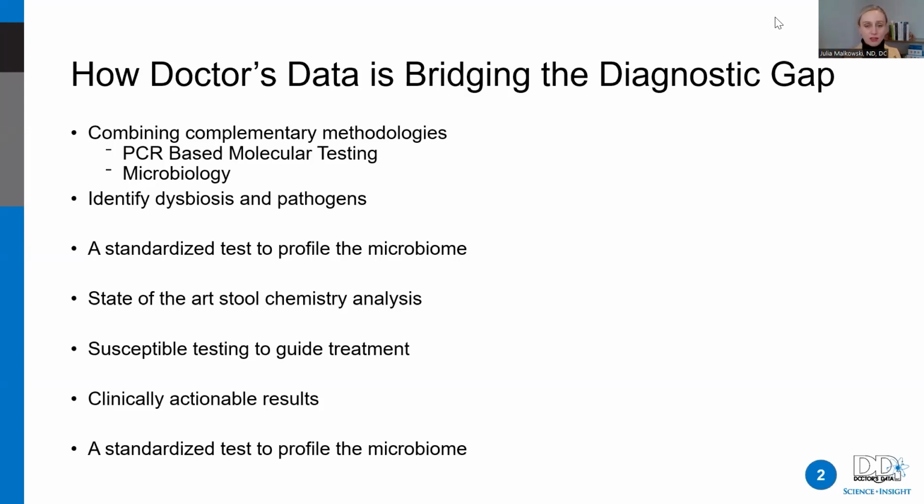Recently, with the advent of technology, we see a resurgence of DNA data. We see this in research, but also in clinical applications. GI360 combines that DNA data, the PCR-based molecular testing, with the microbiology culture. So we're looking at the bacteria via microbiology culture and also via PCR.